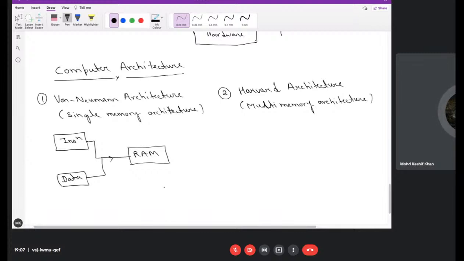But what happens in the Harvard architecture? In the Harvard architecture, instructions and data are stored in separate memories. Separate memory means one is RAM and the other is ROM.